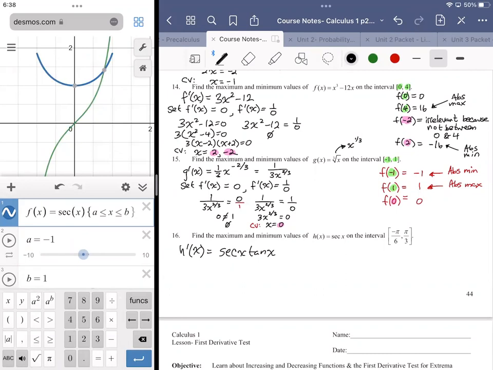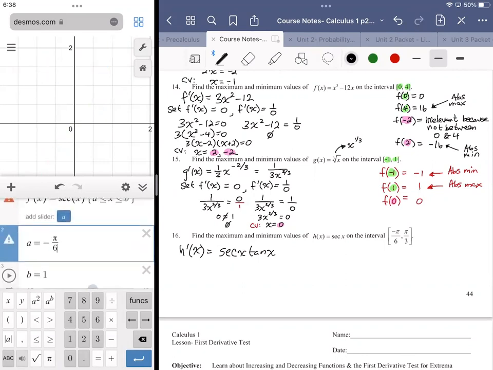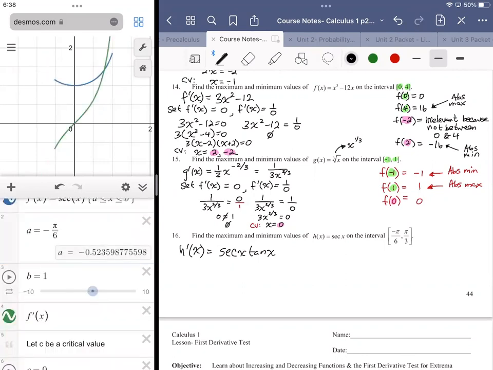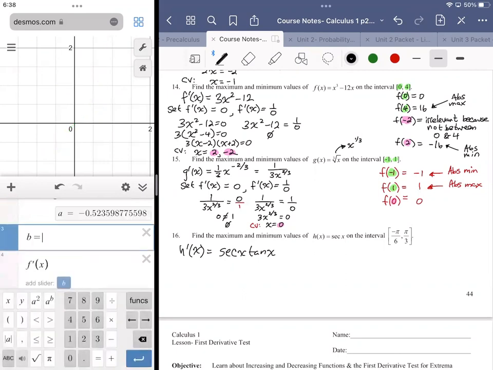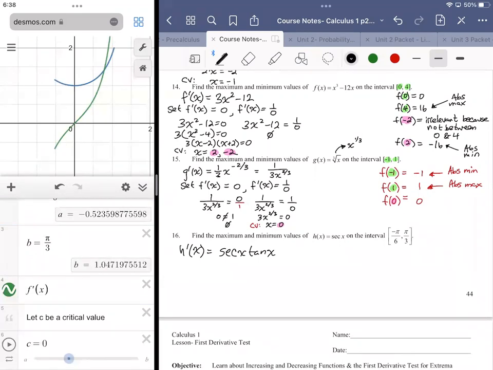Now my a value is negative pi over 6, so I'm going to pop that in there. I lose my slider functionality when I put an irrational number in, but that's okay. I don't plan on moving it anyway. All right, pi over 3. So this is the relevant part of the graph.